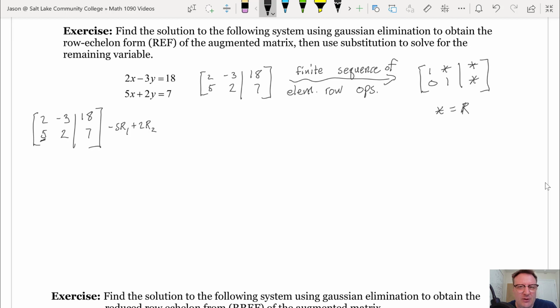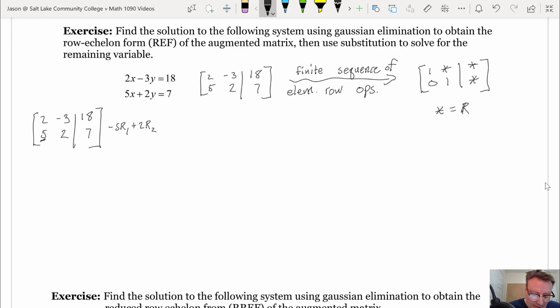Technically I'm combining 2 row operations into one here, but that's okay, because you can only add a multiple of one row to another. Think of it like this. I'm multiplying row 2 by 2. That's a perfectly fine elementary row operation. And then I'm adding a multiple of -5 times row 1 to that new row.